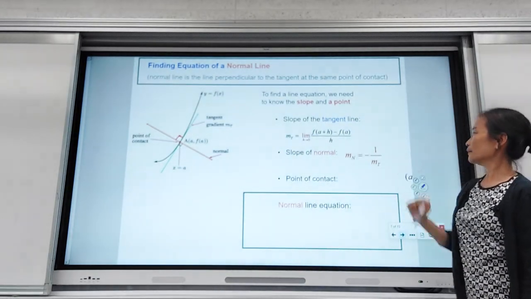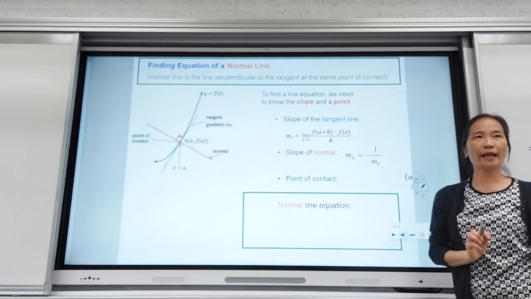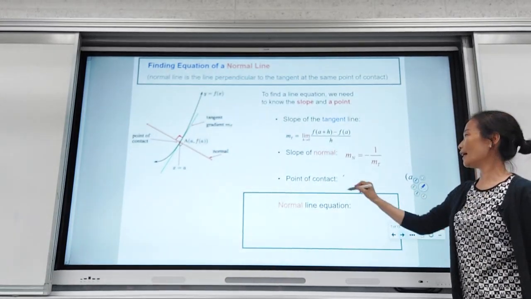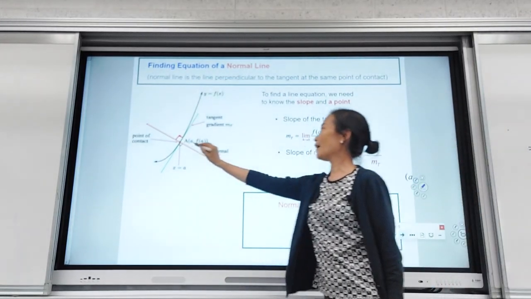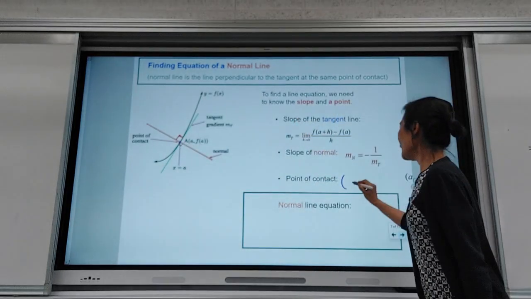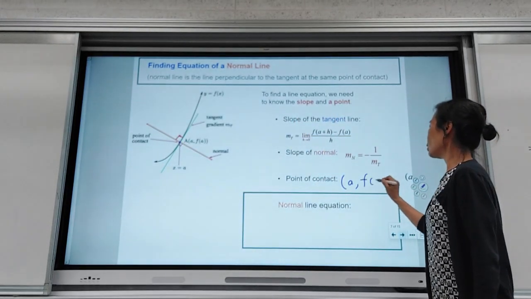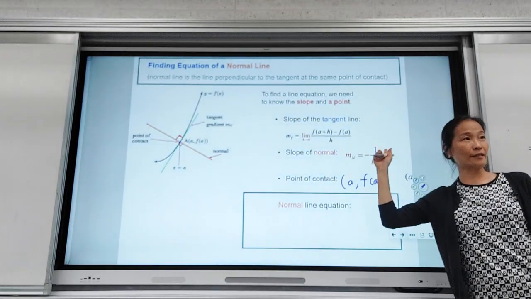Okay? We also need a point on the normal line. Luckily, that's the same point of contact. A, f of A, no change. The only change is the slope.